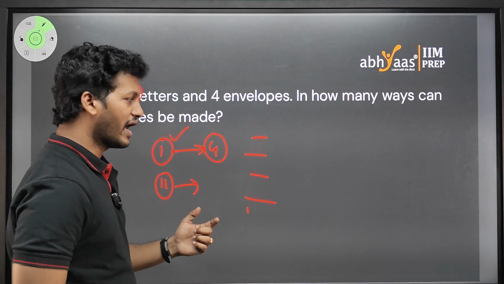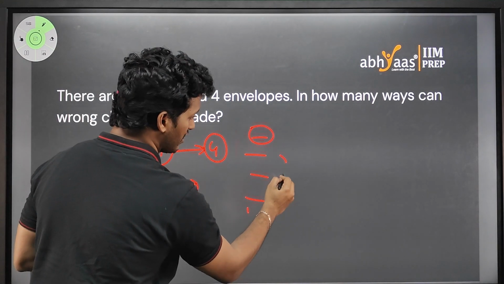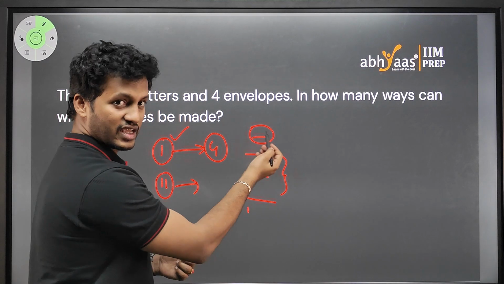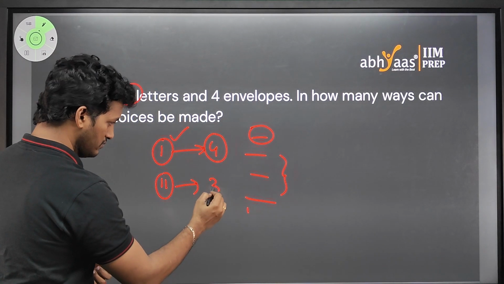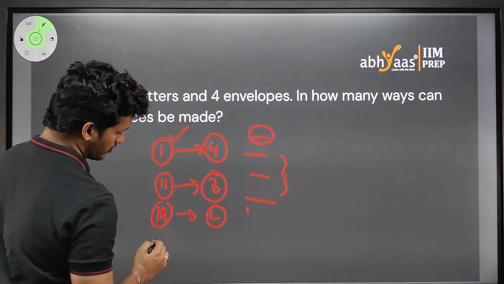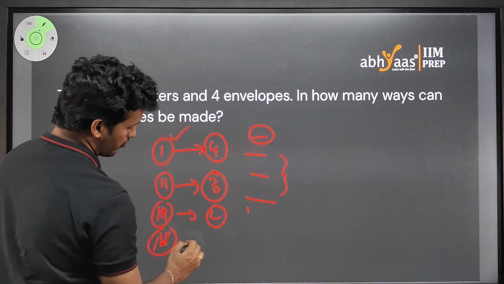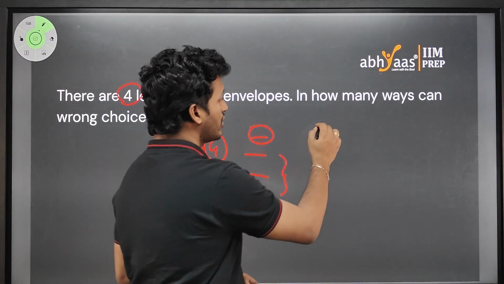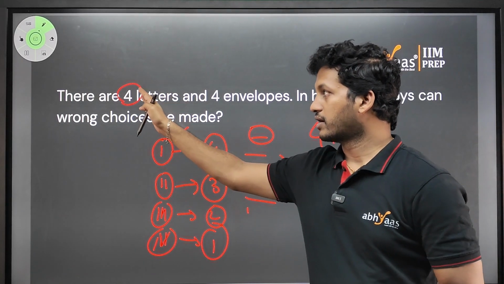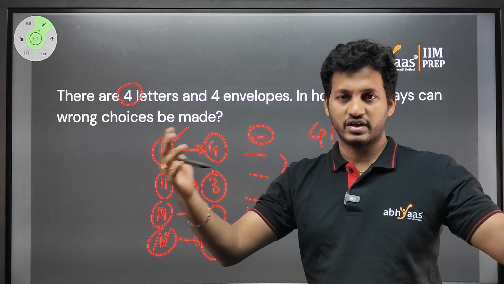The second letter has to limit itself to only 3 options, because the first one is already taken by the first letter. What about the third one? It has 2. The fourth one has only one option. So like that, we have 4 factorial ways for these 4 letters to go into different envelopes.